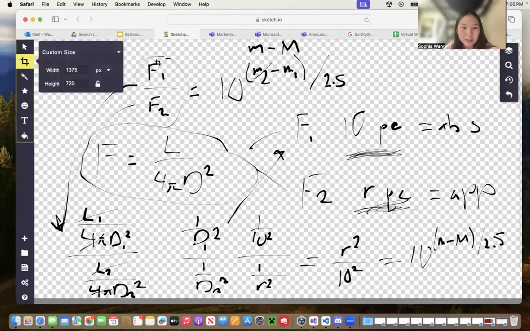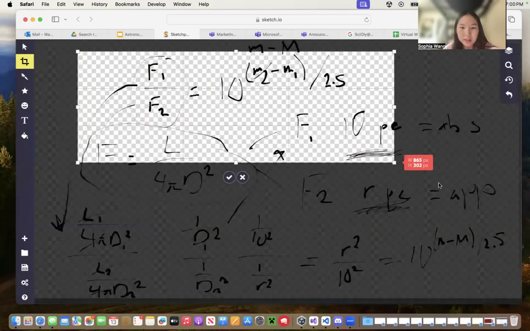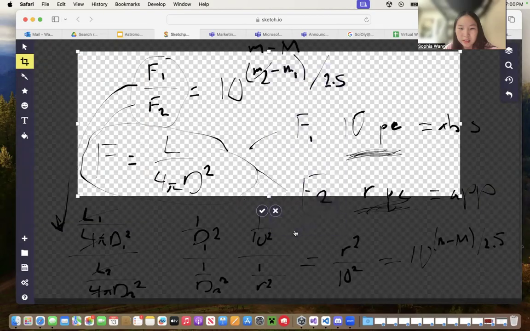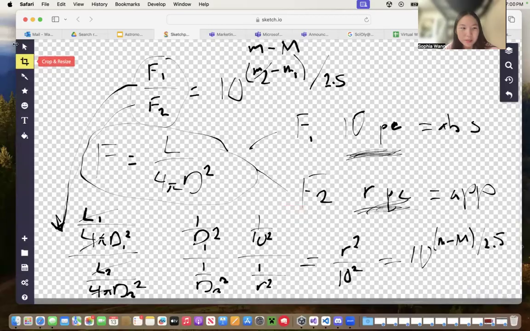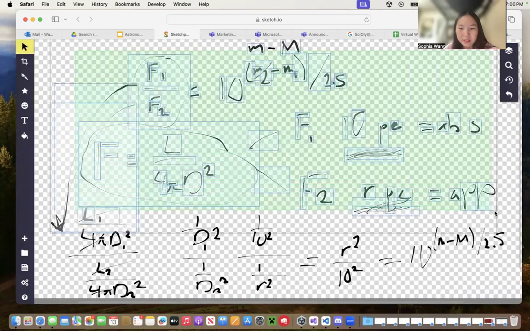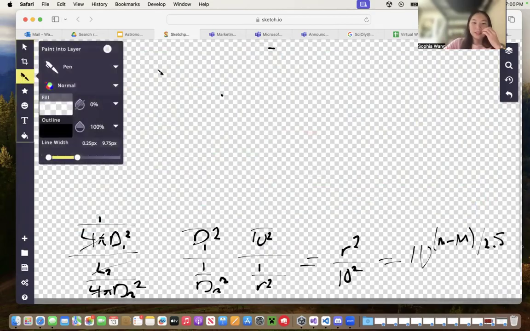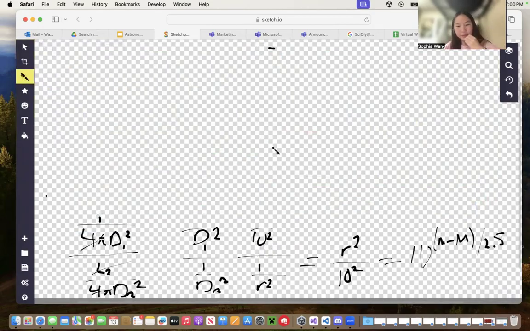Okay, start over with a clean background. So now we have r squared over 10 squared equals 10 to the m minus M divided by 2.5.